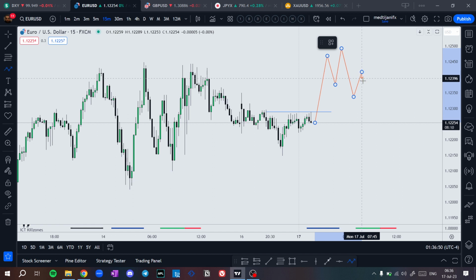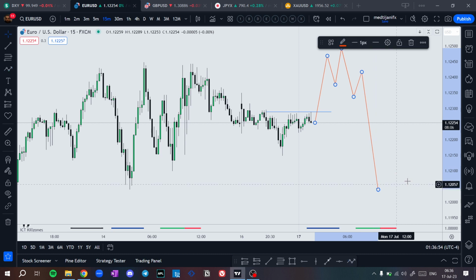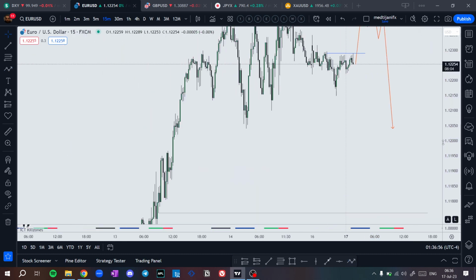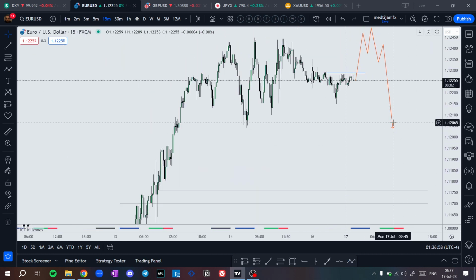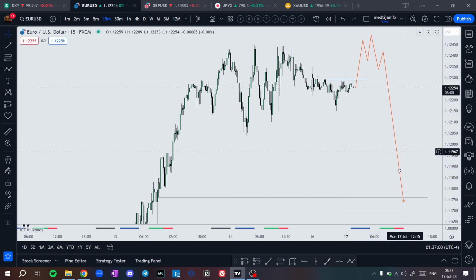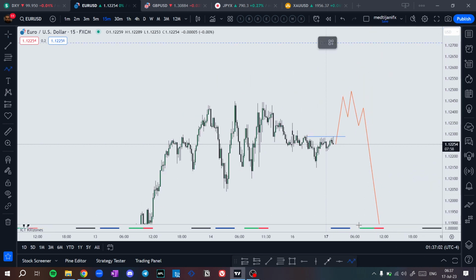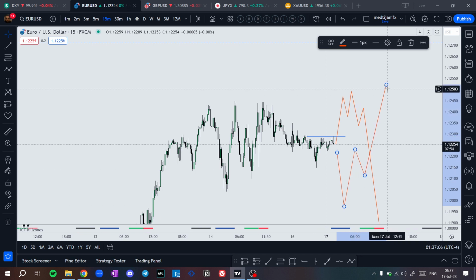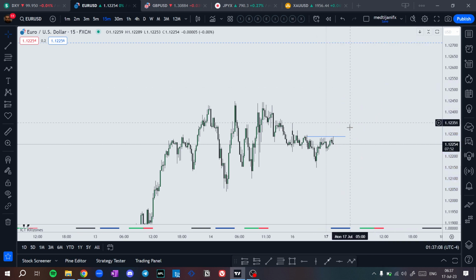If I did, I'm going to enter with low risk, 0.5% to this level here, or maybe price could, like I said, drop lower, then go higher. But let's wait.